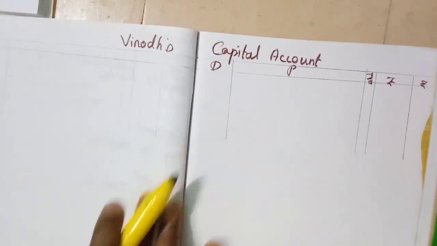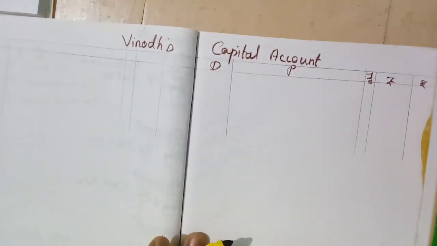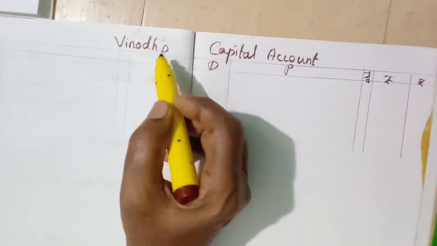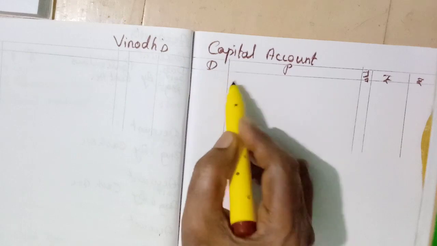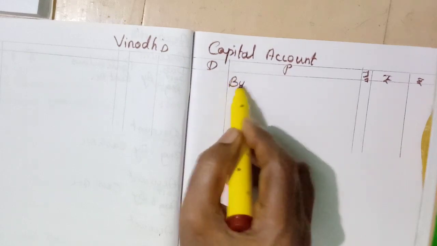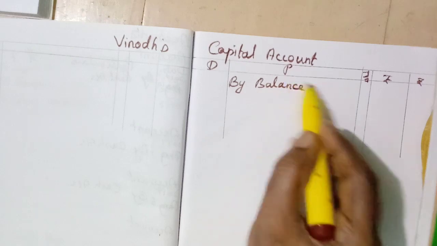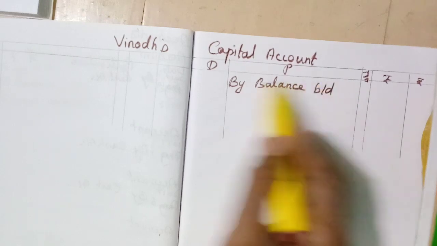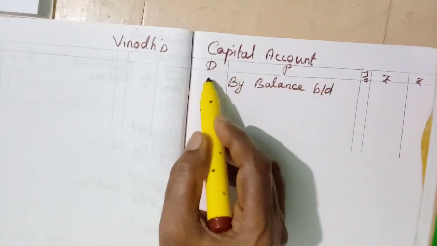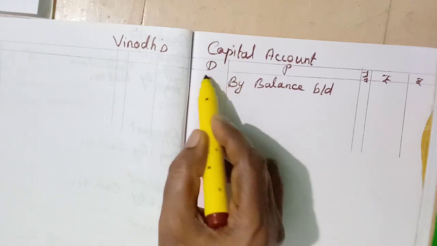So now we need to post this, since it is opening balance. We can write Vinod's capital shows credit balance, isn't it? So by balance brought down. Okay, date January 1, 2018.